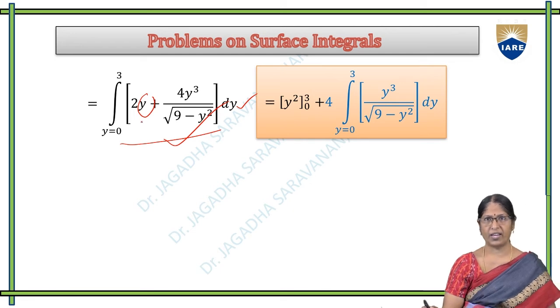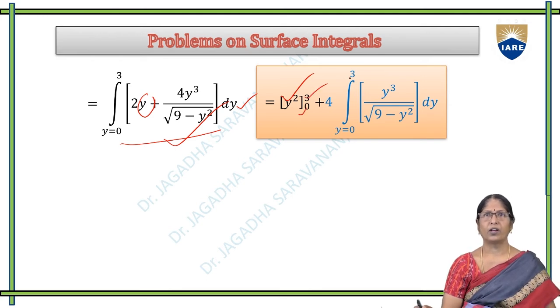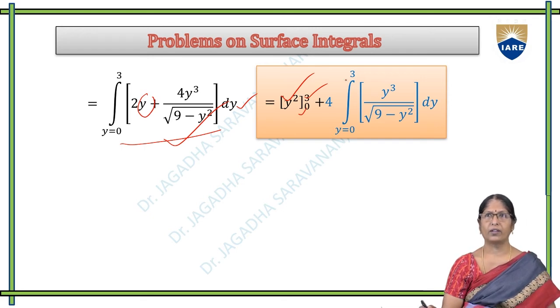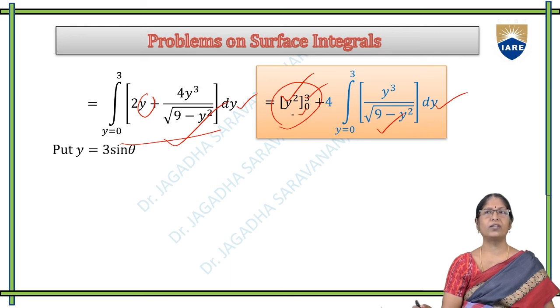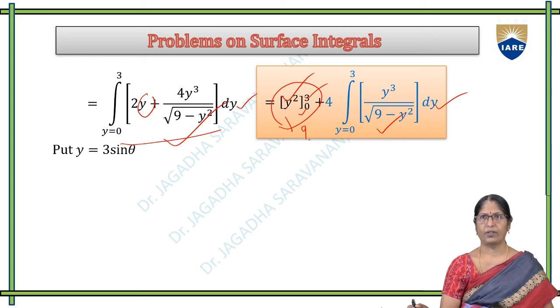The 2s both cancel, so we have written y square from 0 to 3, plus 4 times the integral from 0 to 3 of y cube by square root of 9 minus y square dy. This integration is very easy. We did the integration, and if you substitute, the value is 9. But this integration is very difficult to do.